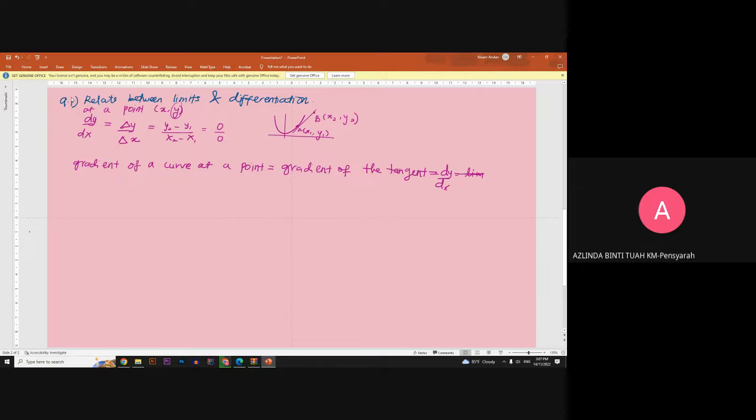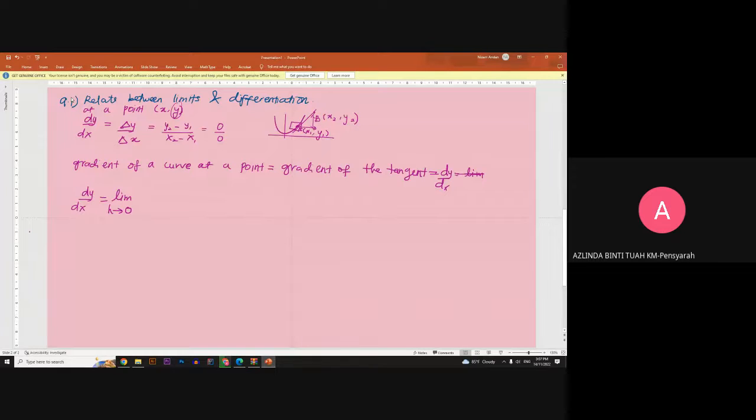Because we want to find the gradient at that point, we have to use the limit as h approaches 0. As we know, h is the distance from x1 to x2, and also the same distance from y1 to y2. The h must be smaller and smaller until it approaches 0 so that we can get the gradient at this point.